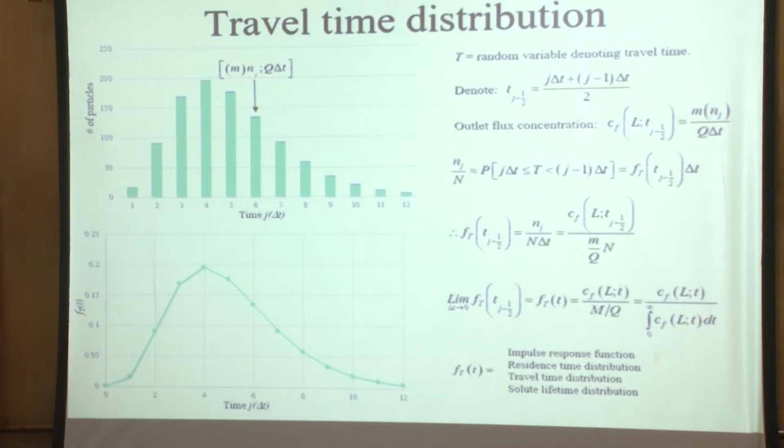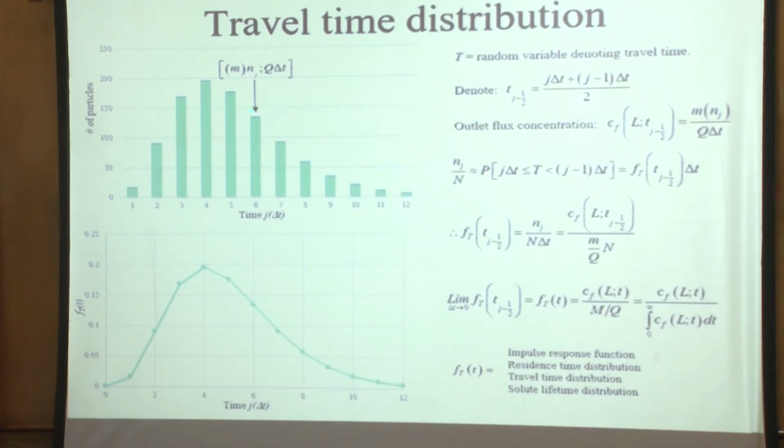And we said the flux concentration is whatever mass flux has come out divided by the water flux. So in a time interval delta t, if I measure my flux concentration, n sub j times m was the total mass of solute that came out. The volume of water that I collected was Q times delta t. So that is my estimate of the flux concentration, right? That is how we have defined it.